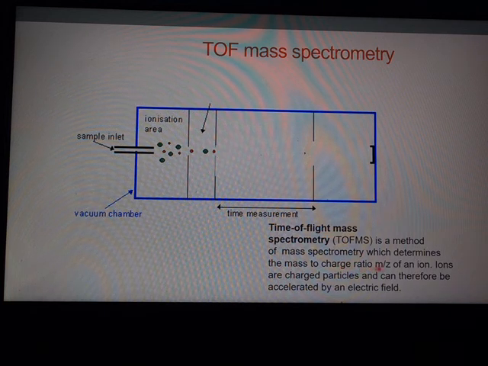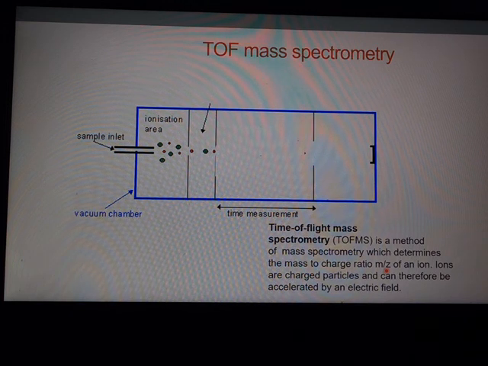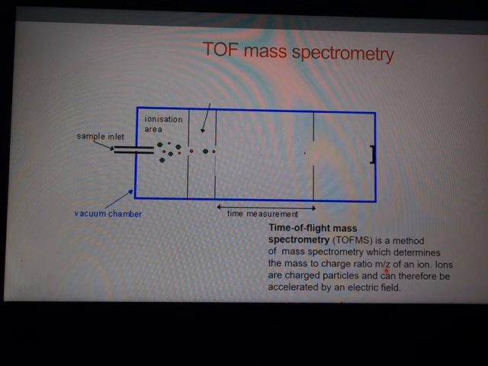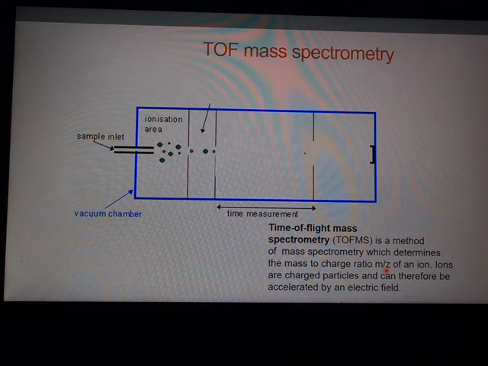And if the charge is 1, then the mass to charge ratio equals the mass. The mistake that candidates make is that they say a mass spectrometer measures the mass. No, actually it measures the mass to charge ratio. That's what we need to say, otherwise what we're saying is wrong. We use that mass to charge ratio to determine the mass, but a mass spectrometer gives us the mass to charge ratio. So it deals with ions, okay?